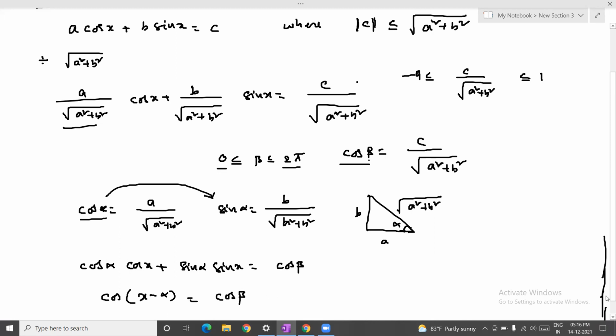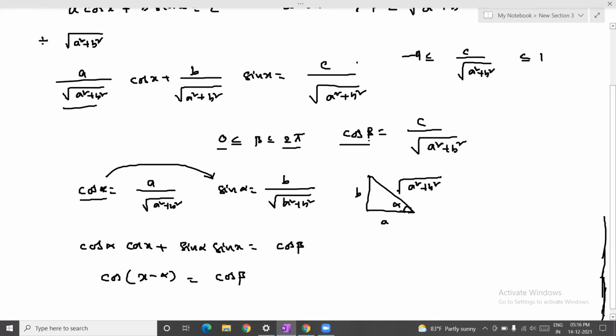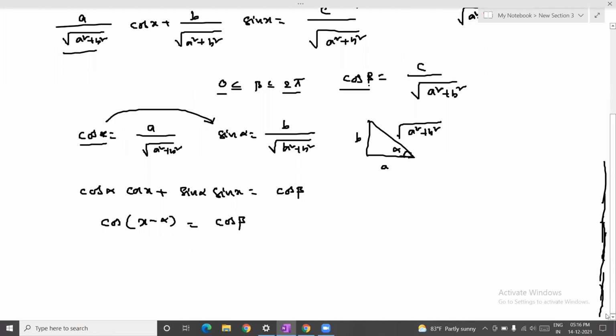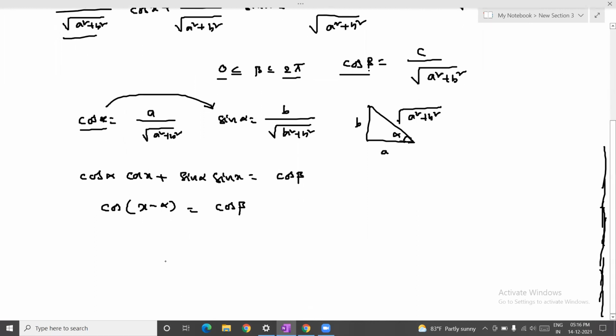From the previous discussion, if cos of some angle equals cos alpha, then the solution is how much? x minus alpha is equal to 2n pi plus or minus beta, where n belongs to an integer.